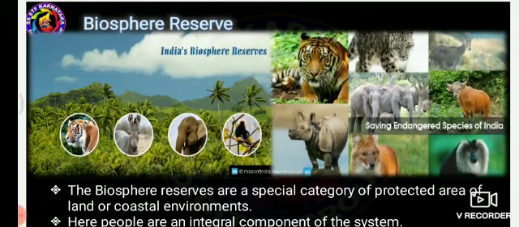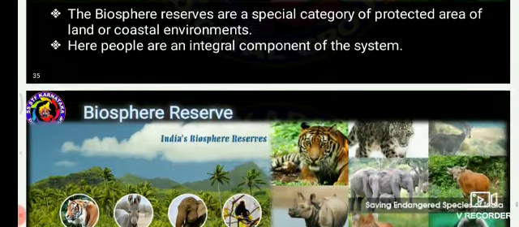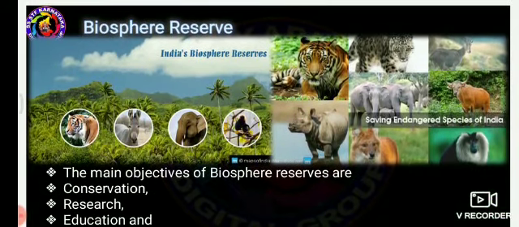Biosphere reserves are a special category of protected area of land and coastal environments, where people are an integral component of the reserve. The first biosphere reserve in India was Nilgiri in 1986, but the concept was initiated by UNESCO in 1971. The main program is Man and Biosphere.